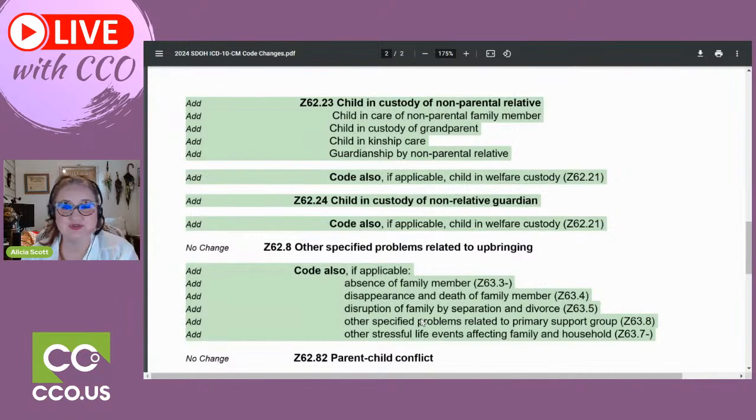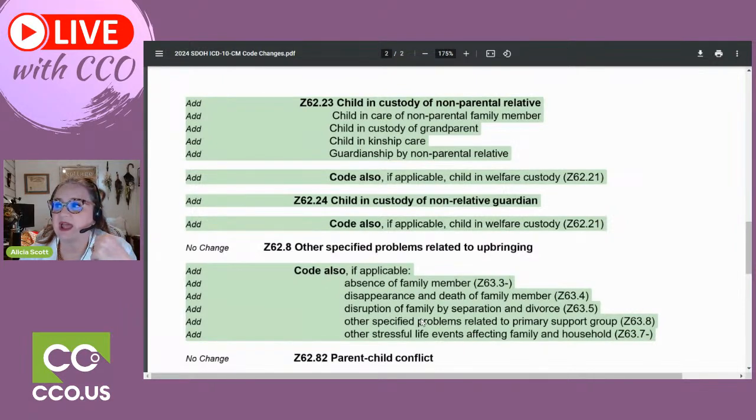If you're used to using these SDOH codes, they've just tweaked them a little bit to break out those combos that we've seen and given them their own description. So again, what we probably see a lot is grandparent. Where I'm located, we see a lot of child custody with the grandparent.